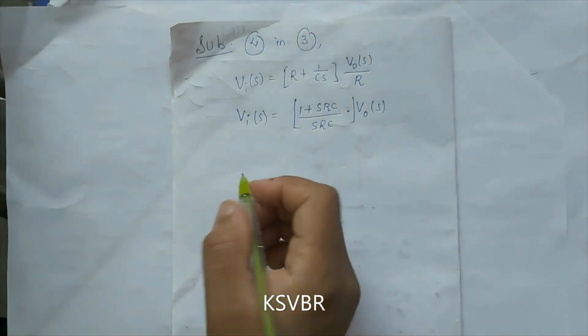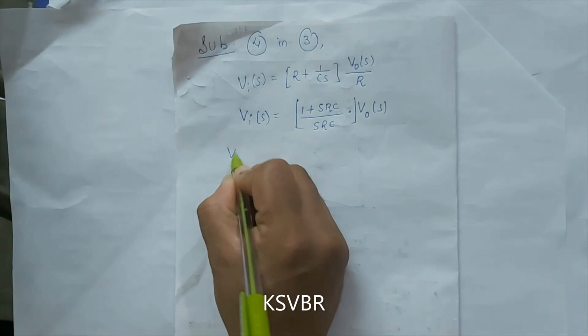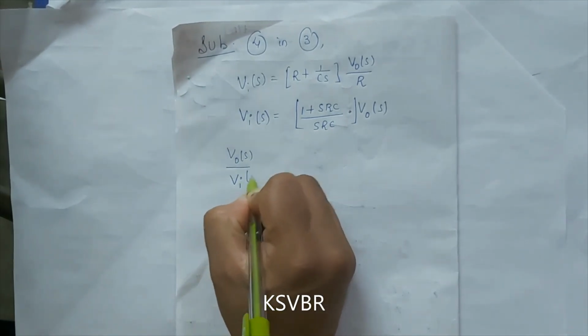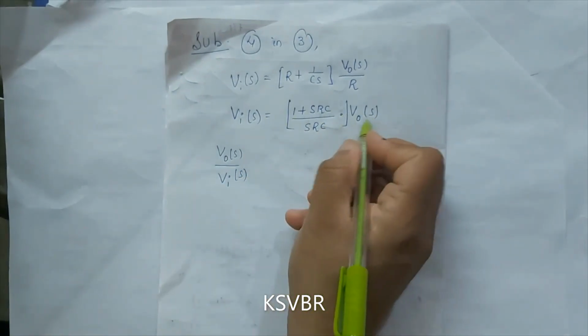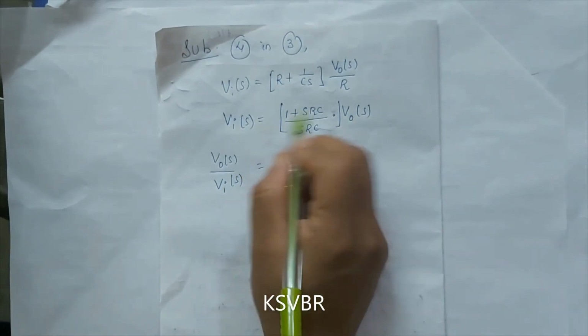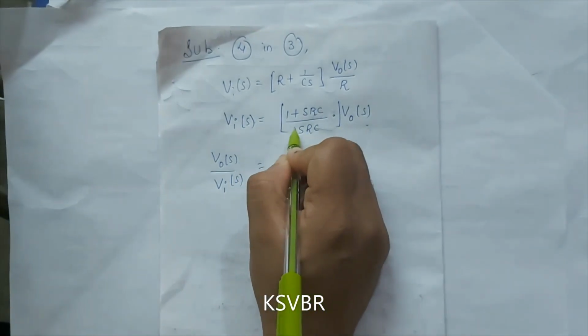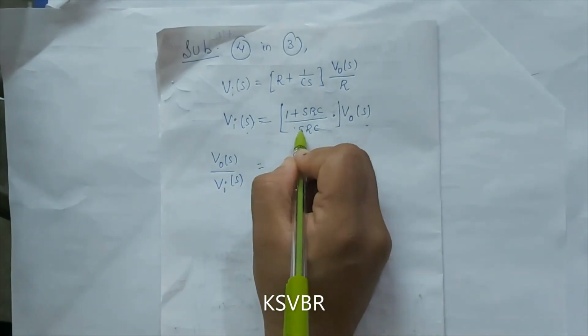What we need is V naught of S by V input of S. If V input of S comes into the denominator, this fraction will go to the left side of the equation and will get reversed.